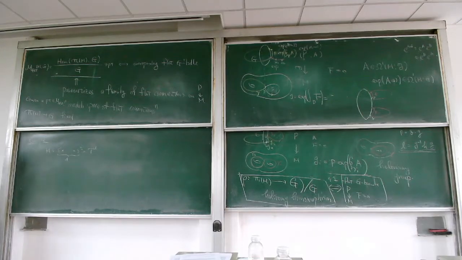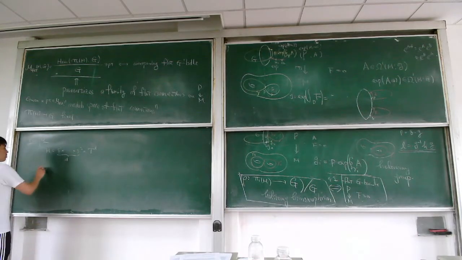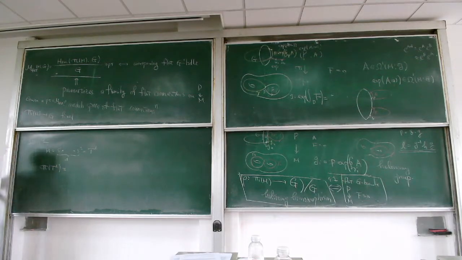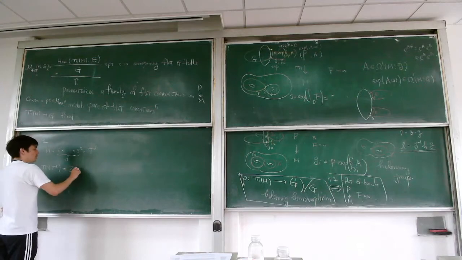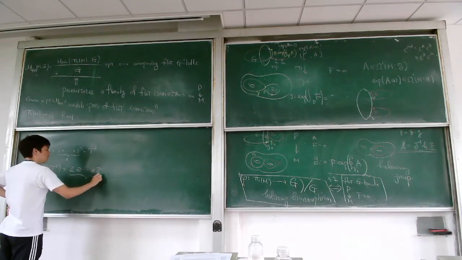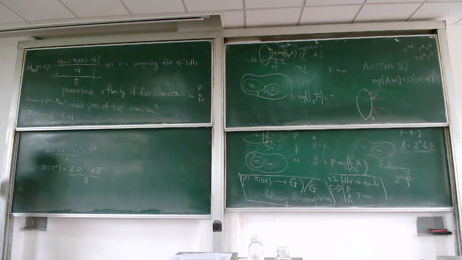What is the fundamental group of this torus? It becomes abelian, d copies of Z. And you consider the map.